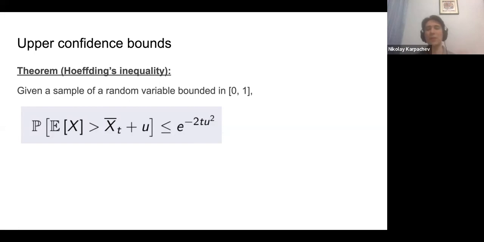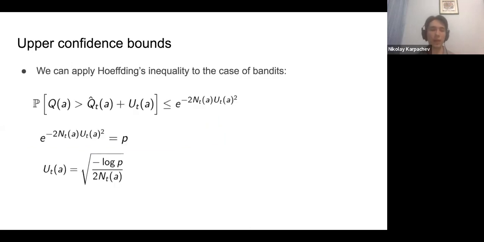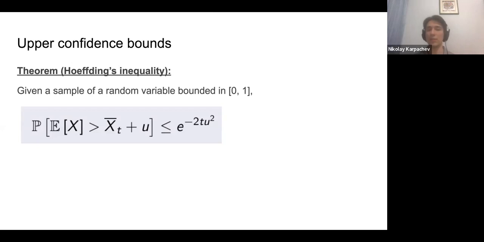The only thing that matters here from the practical perspective is that we can estimate probabilities of deviation, and we can use this to compute quantiles of the distribution, and then confidence intervals.